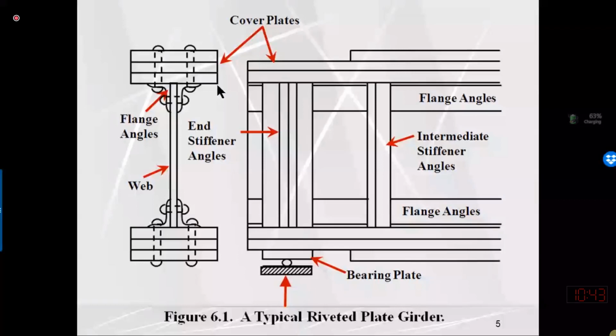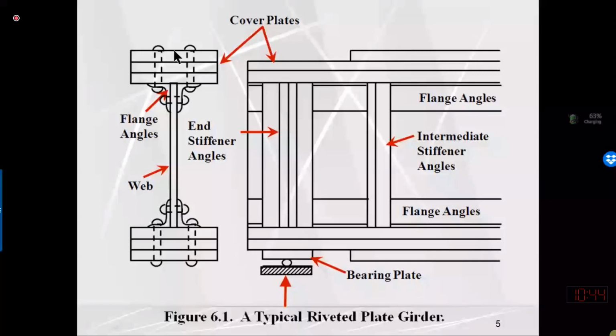So we may have two types of plate girder. The first one is the riveted or bolted fastener type of connection. This is a line diagram, but I will show you some actual pictures. Here you can see that we have used one plate as a web and plates as a flange, maybe in combination.